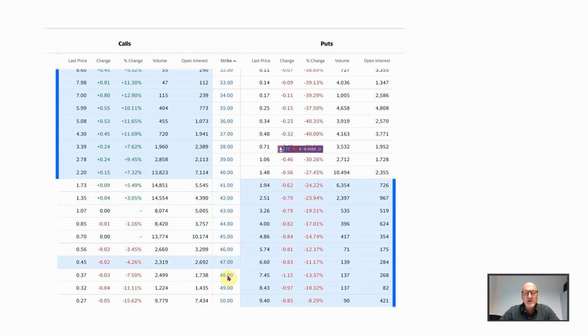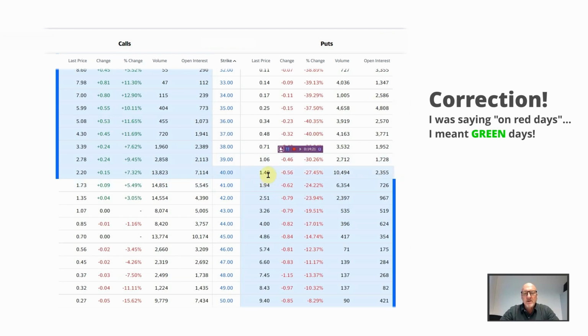So if the price goes, say, to 50, this option will start trading for about 5 cents, which means you can buy it back. So what I've been saying in my Twitter account is that I buy my put options back on green days. Okay, so as soon as I'm in the money and this price goes down to 70, 60, 50 cents, and it's a green day, normally I buy it back.